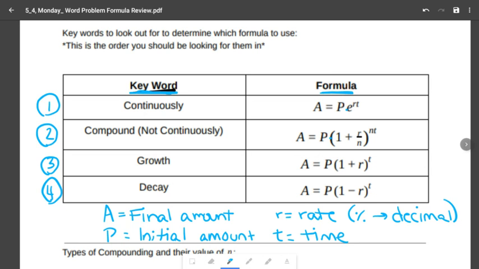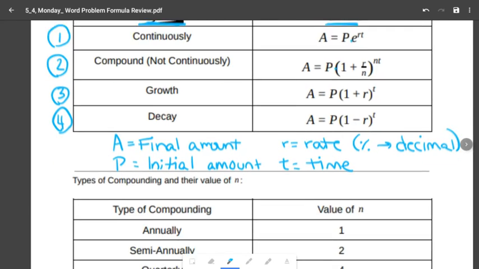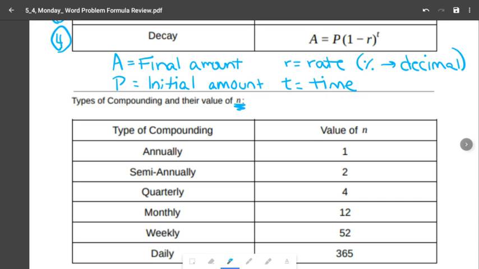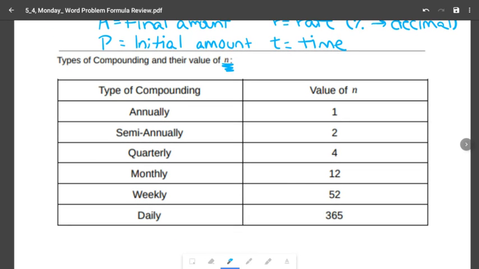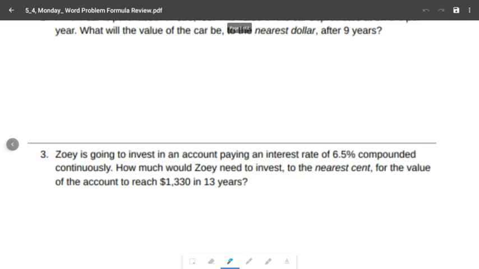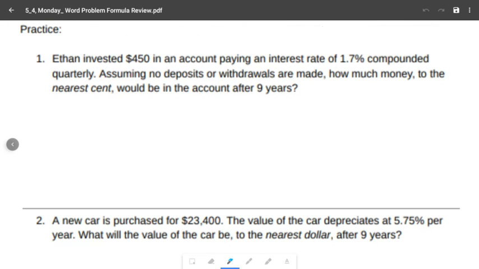And then the n in that compound formula, that n is down here in this table. These are the different types of compounding. So depending on the type of compounding, if it is annually, n would be 1, semi-annually, n would be 2, quarterly, n would be 4, and so on. So I would keep this page in front of me when you're doing these problems so you can run through this checklist for yourself. So we have a few problems here on the back.